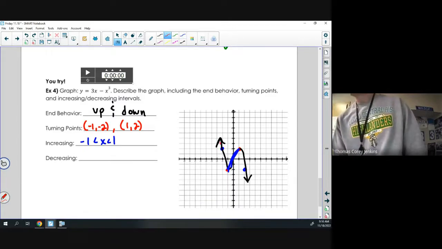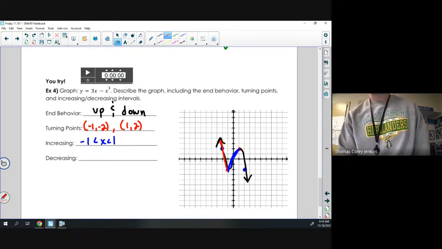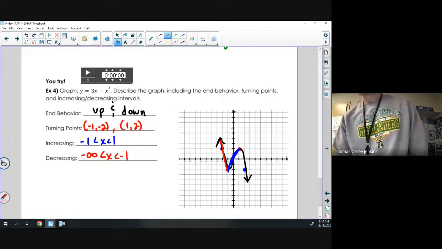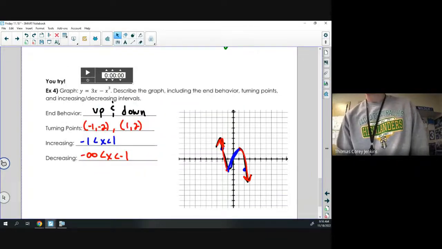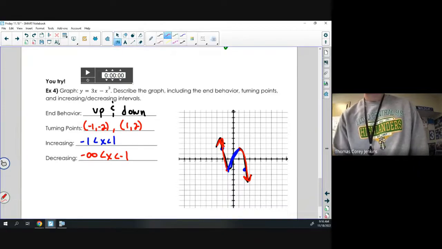Okay, so from negative infinity up to -1. And then also from +1 to positive infinity.